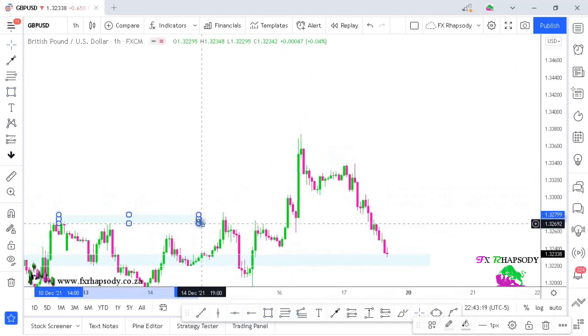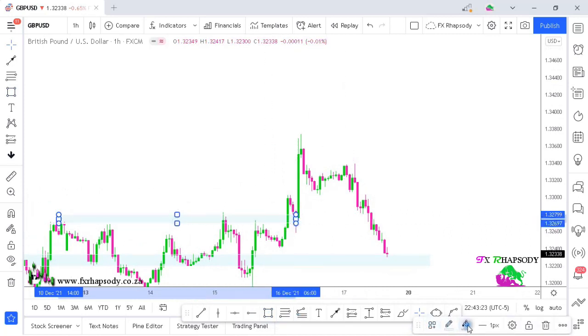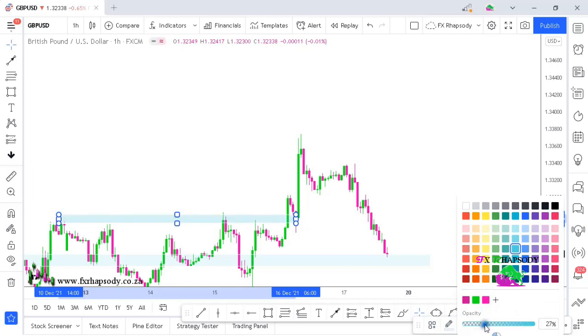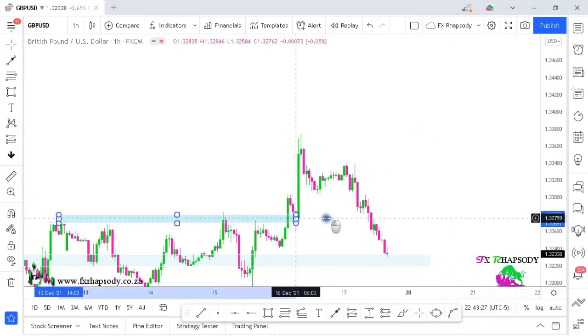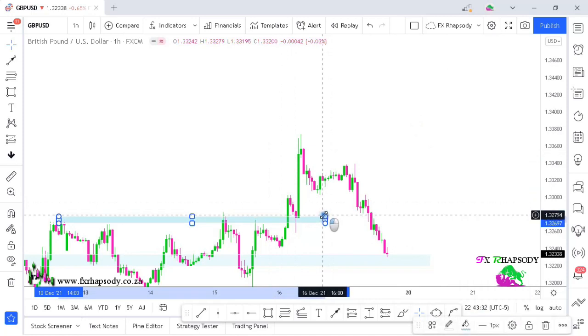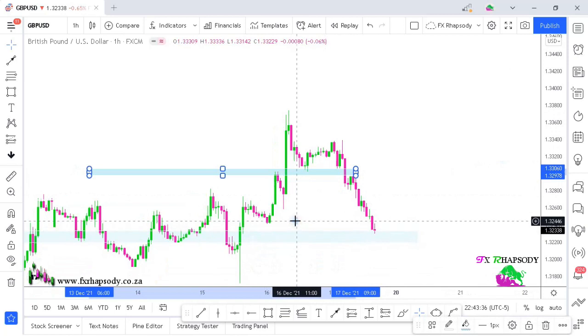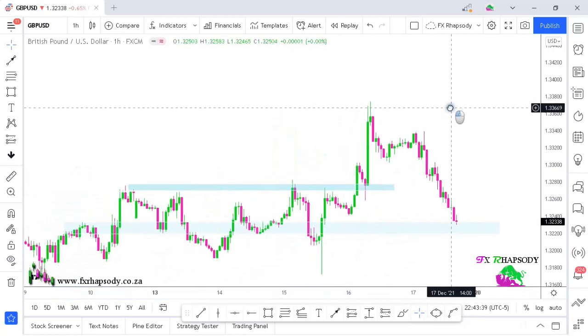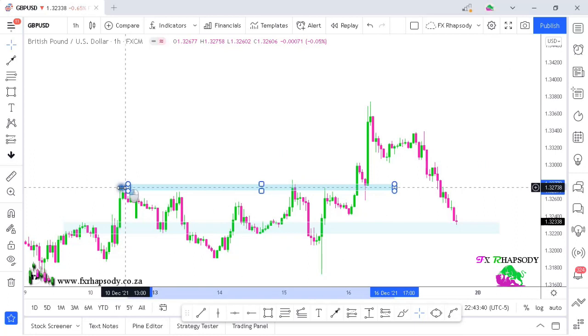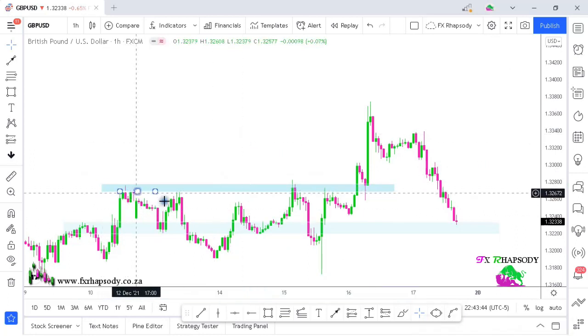You can see this area. I'm just going to make this a little bit brighter so we can look at it. Right about there. So for me, this was an area of resistance, okay? That was last week when this happened.